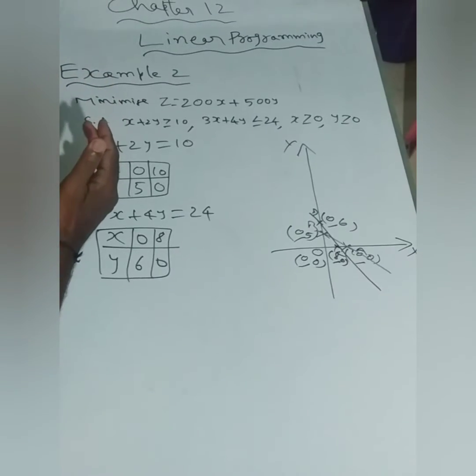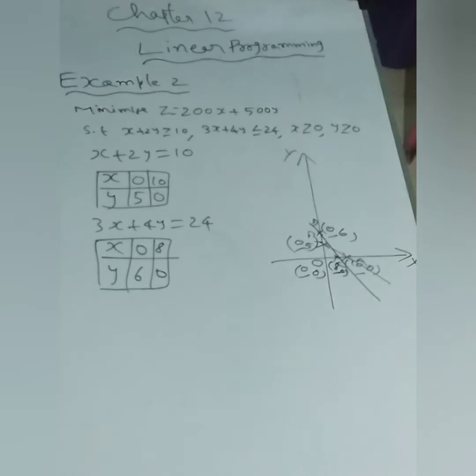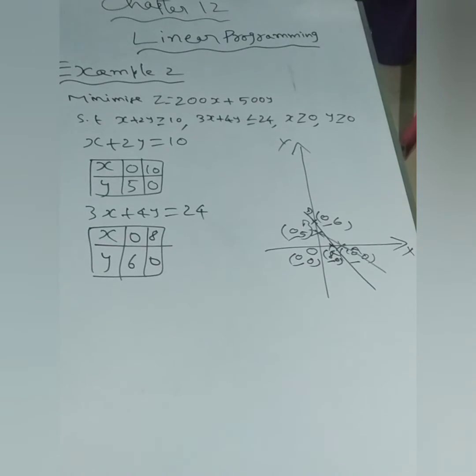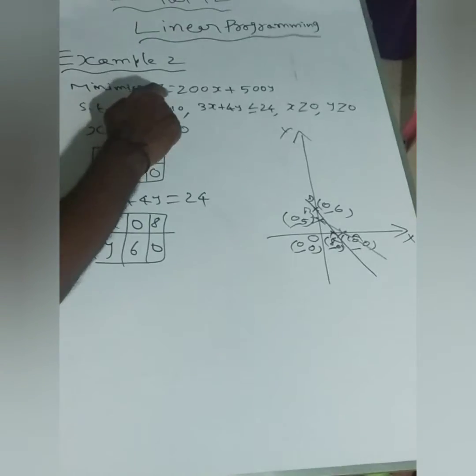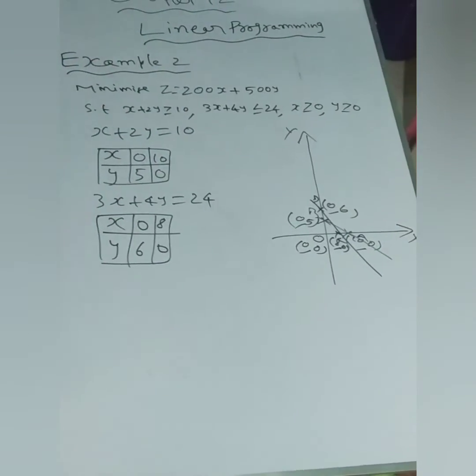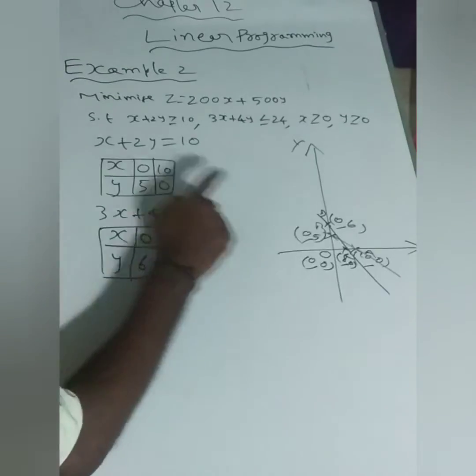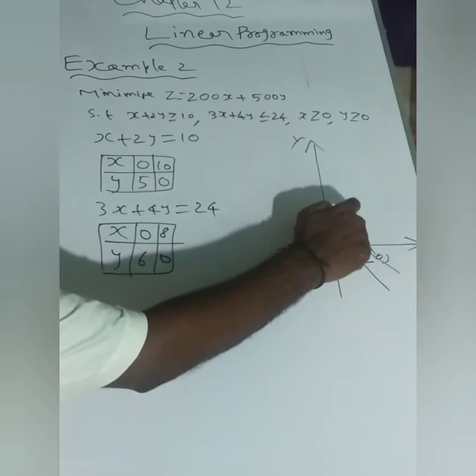Greater than or equal to means outside, away from the origin. So here, greater than or equal to 10, that is x plus 2y is equal to 10. Where is the line? This line passes through 0 comma 5 and 10 comma 0. So this is the line above the origin.